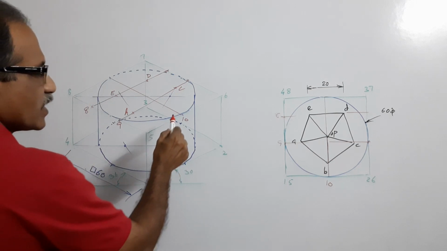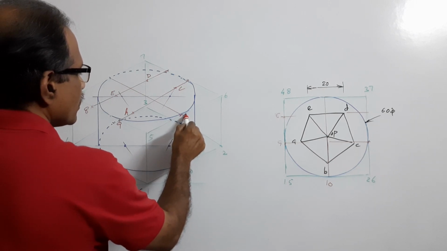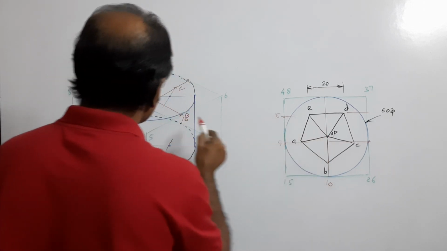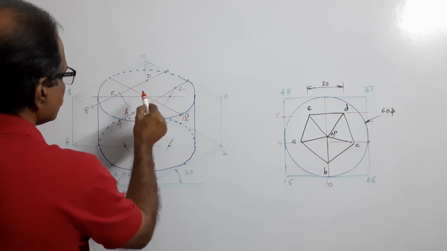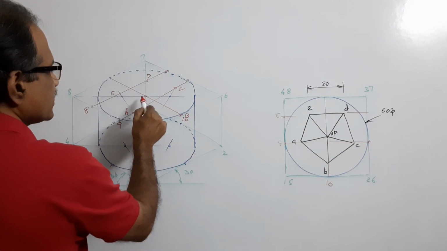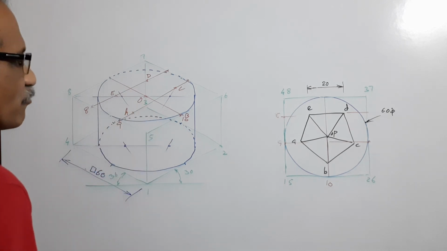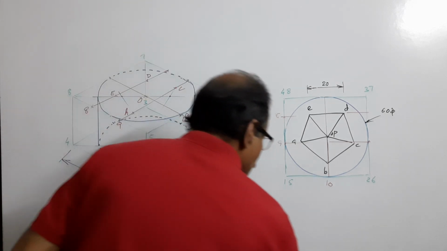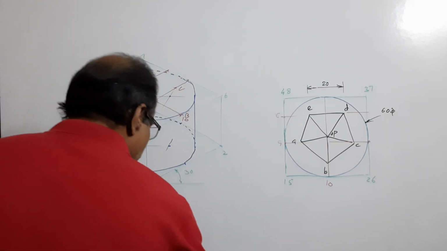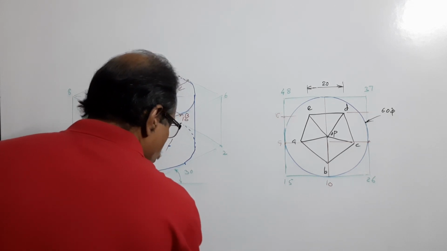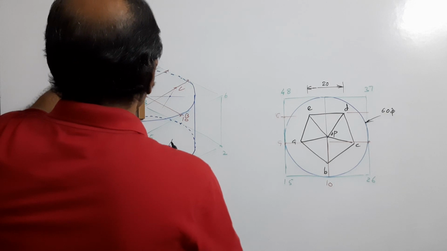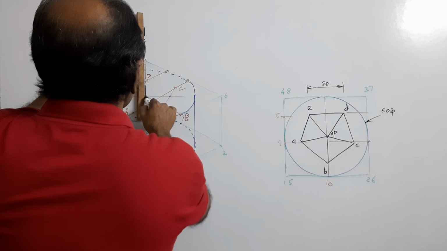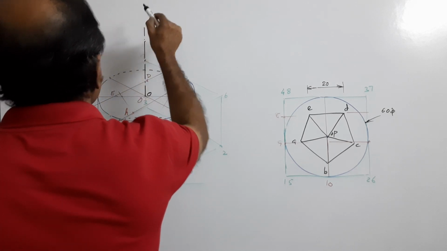C. 10 itself is B, and travel this much to get the center of the circle, that is O. From O, measure the height up. What is the height? Height of the pyramid is 50. Measure 50 up from O. This is O, this is P.